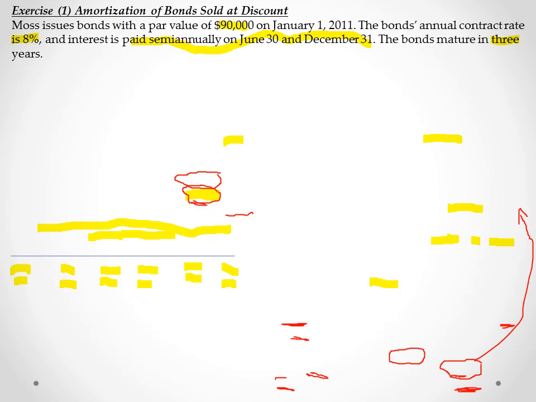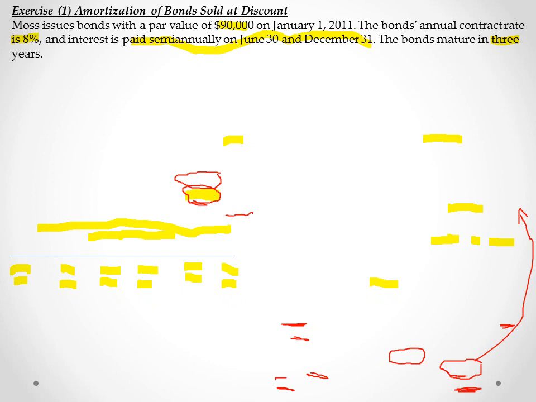So let us now discuss this practical exercise in order to understand the meaning of amortization of bond discount. We have the same exercise that we solved before: a company issues bonds with a par value of $90,000 on January 1st, 2011.